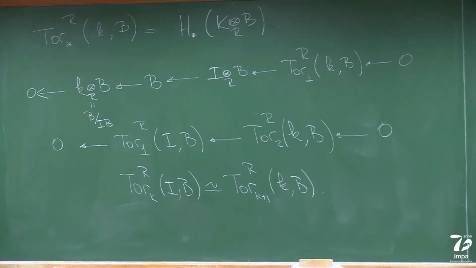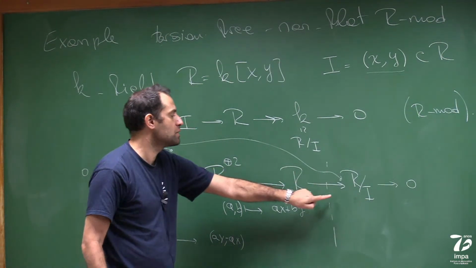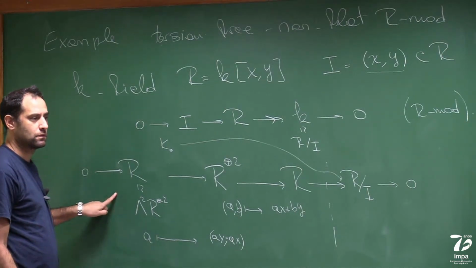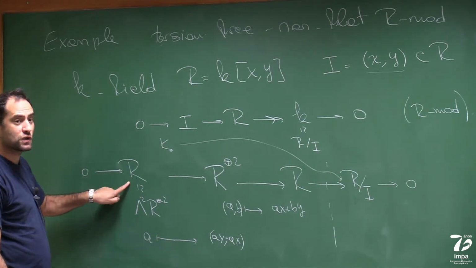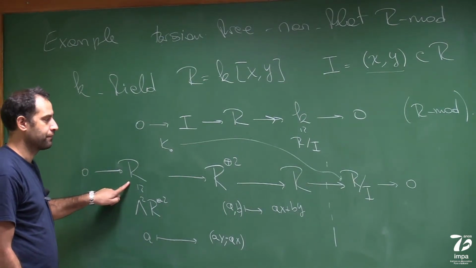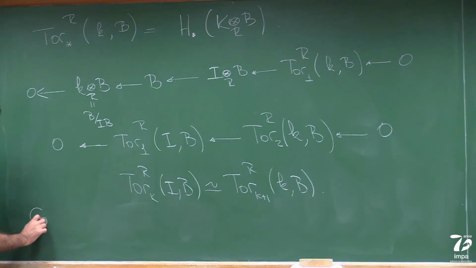Now you can compute this Tor of K with anything using explicitly this resolution, and you can check that there's a Tor 2 that is non-zero. So compute.